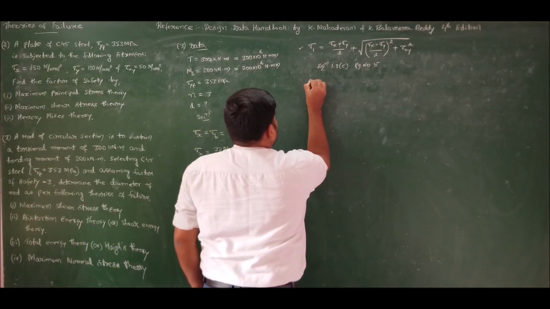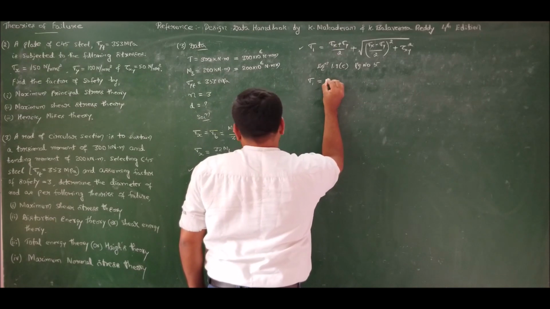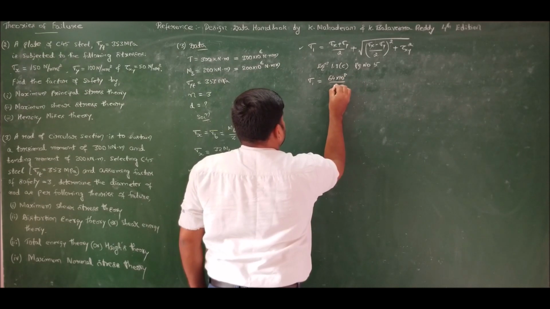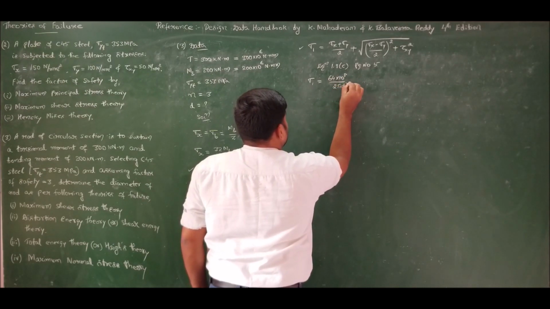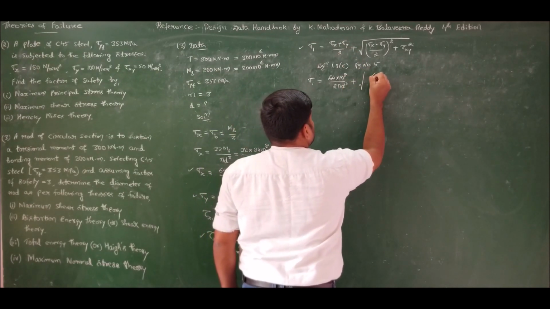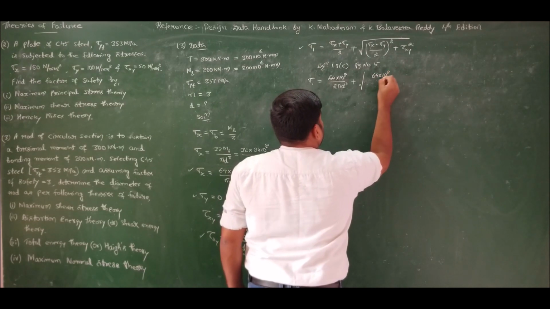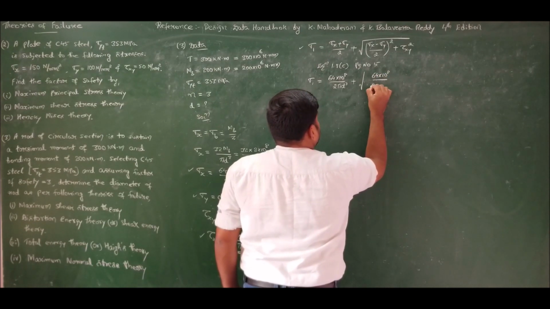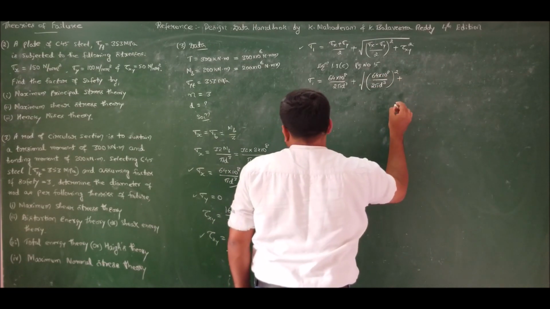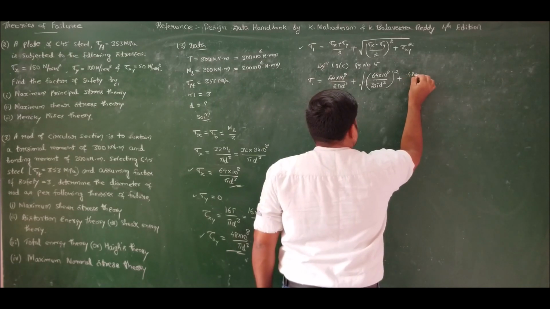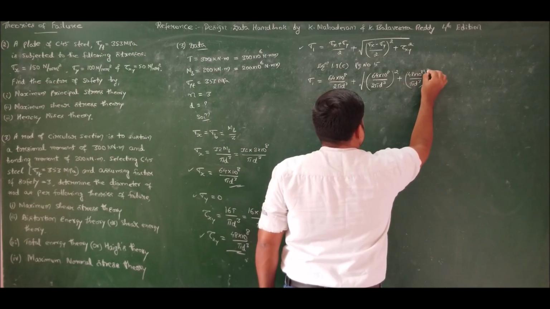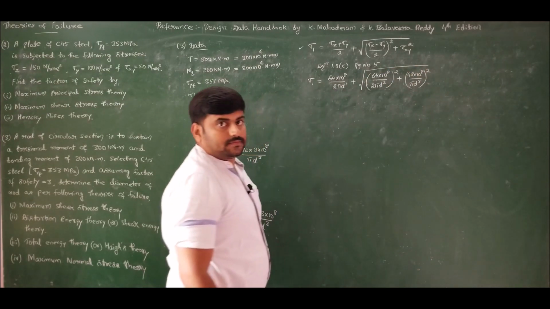So if I substitute the values and simplify, I will get sigma 1 as sigma x is 64 into 10 to the power of 8 by 2 pi d cube, plus, because sigma y is 0, plus root of 64 into 10 to the power of 8 by 2 pi d cube whole square plus tau xy, which is 48 into 10 to the power of 8 by pi d cube, whole square under the root.